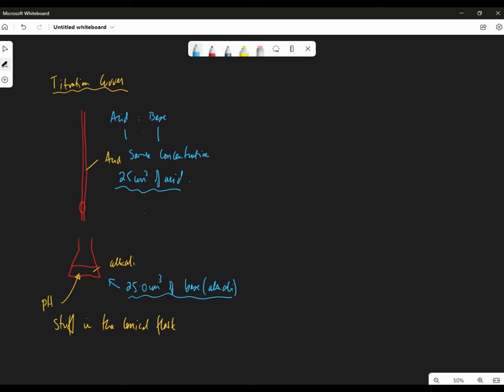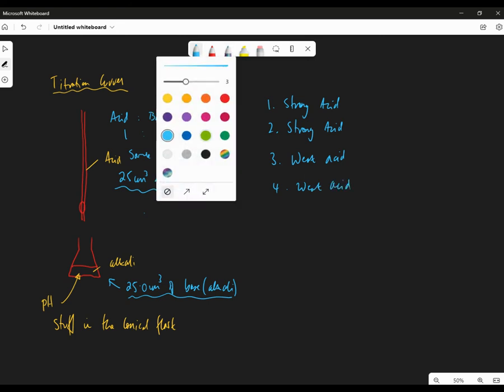Right, so what we need is, first of all, strong acids. Okay, and number 2, strong acids. And number 3 is going to be weak acids. And number 4 is going to be weak acid. These are the 4 types of titration curve. Okay, let me get a nice color.